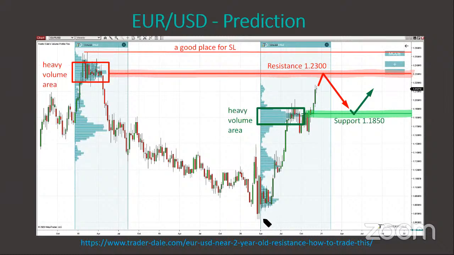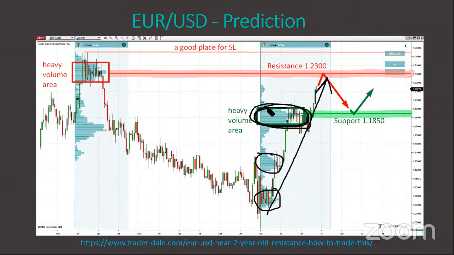The second thing to notice in here was this strong uptrend on the euro. When there's a trend, I also use my profile to look into the trend and look for heavy volume areas. So there were 3. In here, I'll talk just about this one.